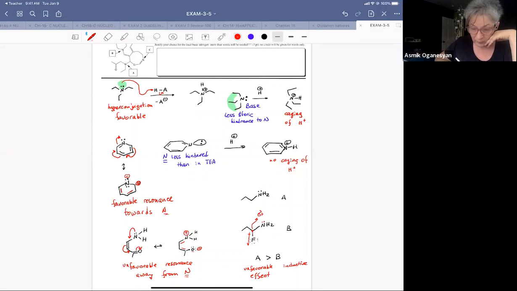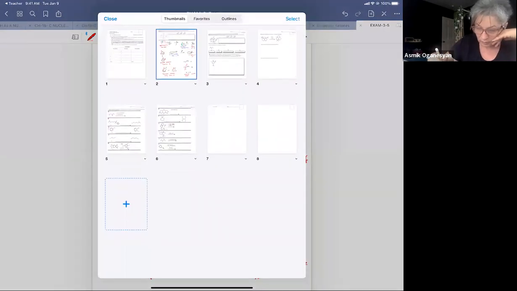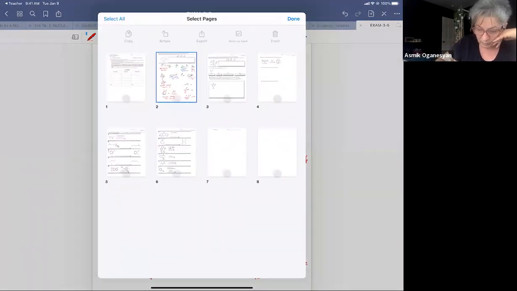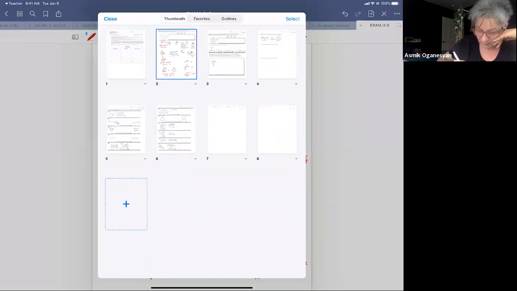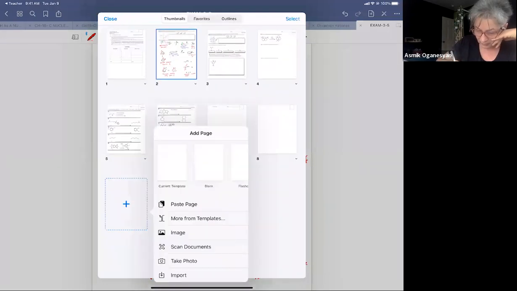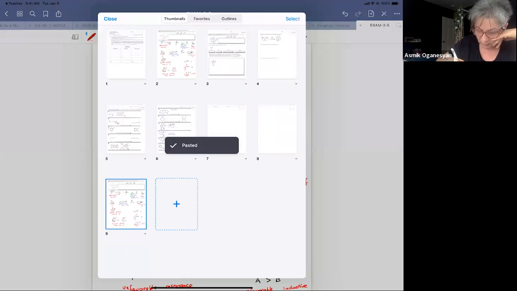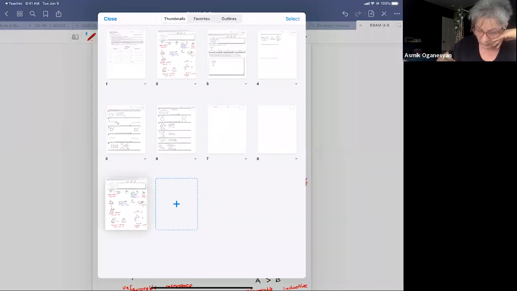Okay. So I'm going to quickly select this page, copy it, done, and then paste page. Oops.